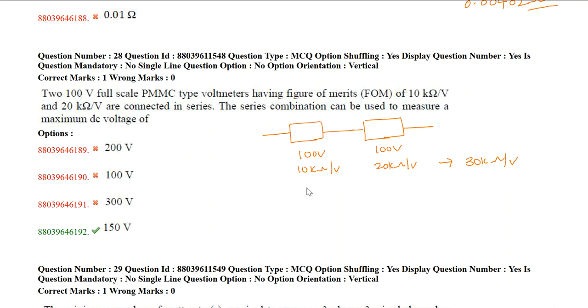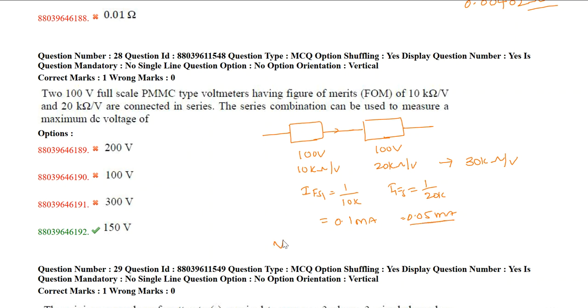Now what is the full scale deflection? IFS1 is 1 by 10k and IFS2 is 1 by 20k. So this will be 0.1 milliampere and 0.05 milliampere. In a series connection, the current will be the lowest value only. So this is the current that will flow.